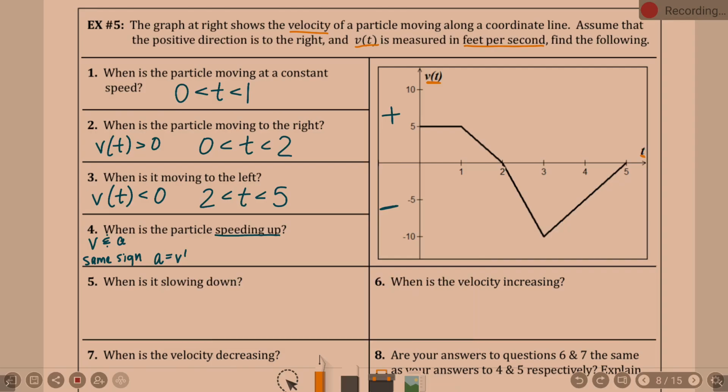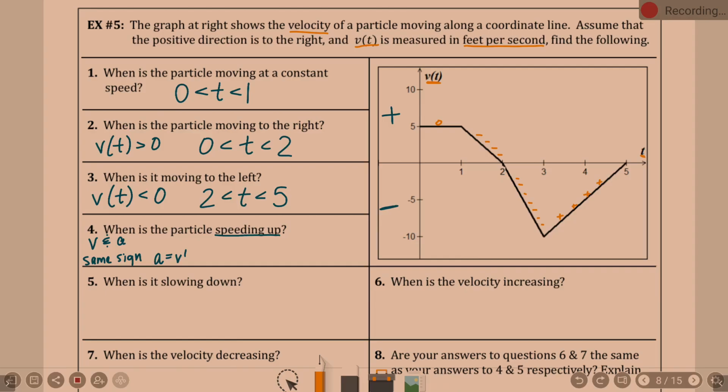But I guess what we can talk about, what kind of slope do we have? Well, from 0 to 1, that's just a 0 slope, yes? From 1 to 2, we have a negative slope. So none of those have the same sign. From 2 to 3, it's a negative slope, and velocity is negative. And then from 3 to 5, we've got positive slope, so positive acceleration, but negative velocity.